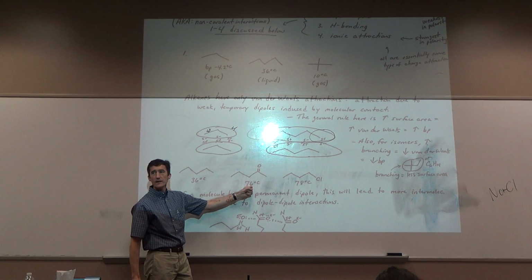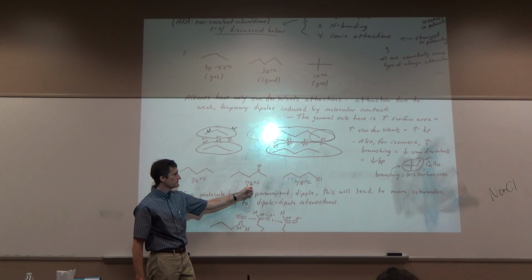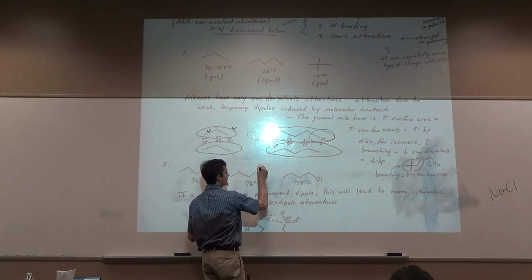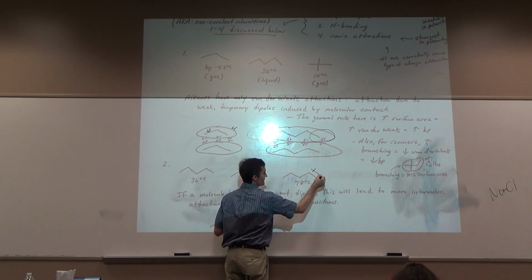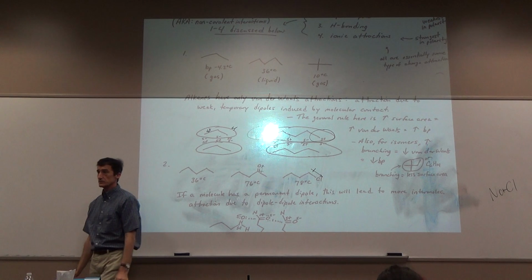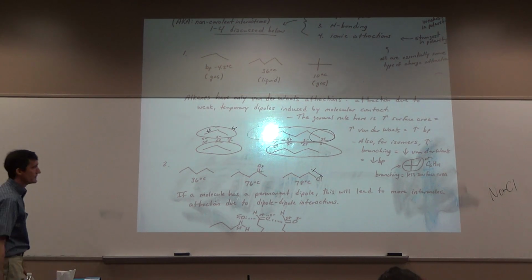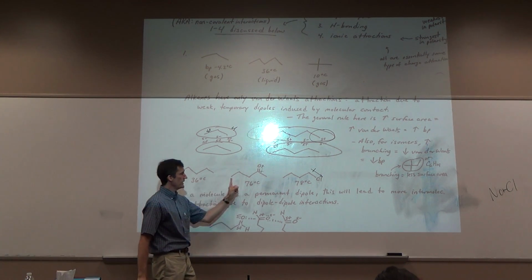The boiling point goes way up, 76. It's also up for this guy. But these two both have permanent dipoles. Permanent dipoles are stronger than that very weak induced dipole stuff. And so that right there explains what?